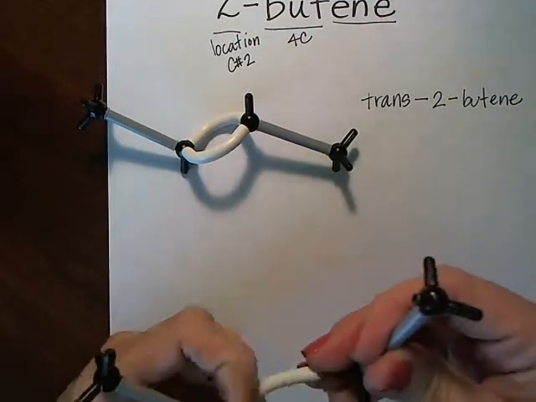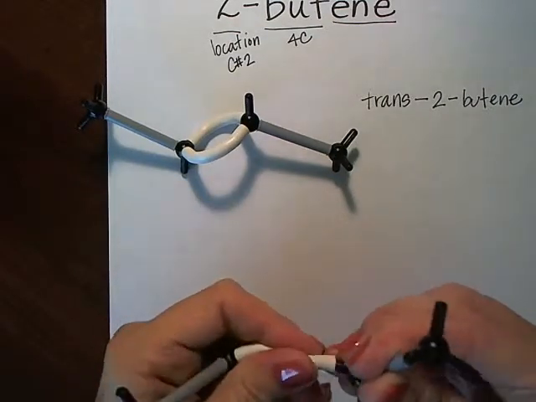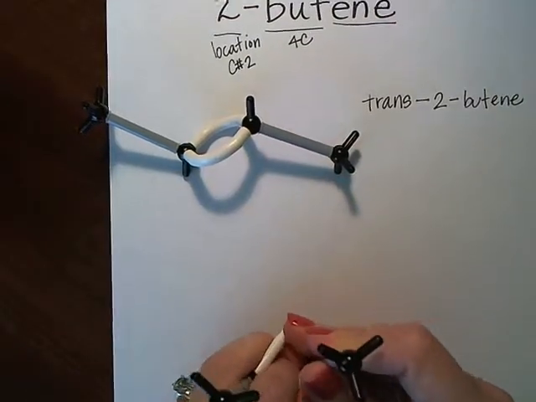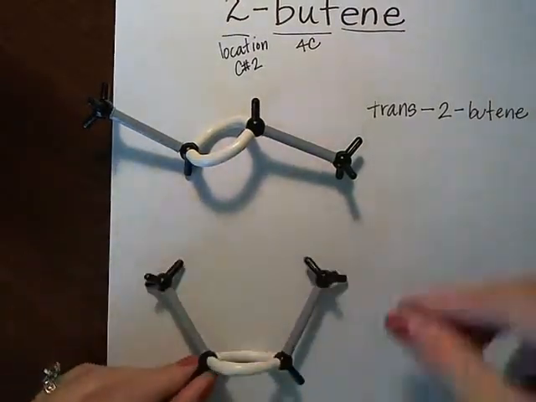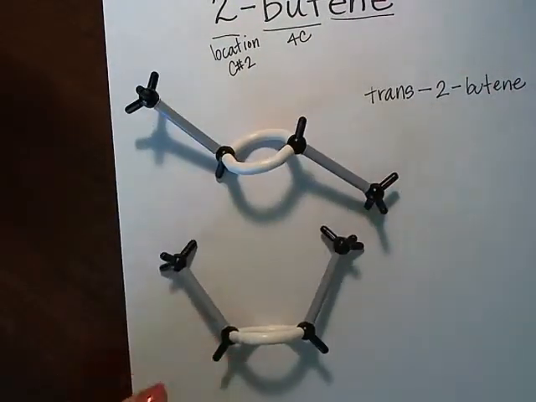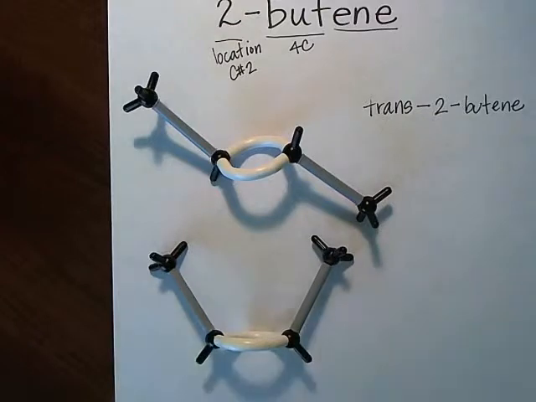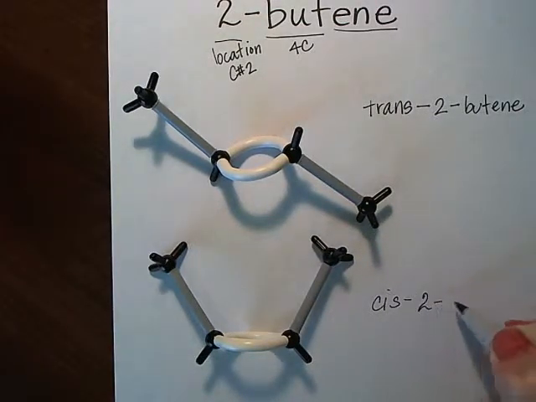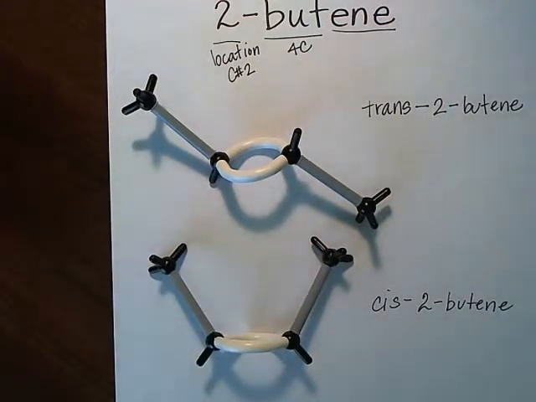And this time, I'm going to do it so that the methyl groups are on the same side of the double bond. All right, and so actually structurally these are quite different. These molecules would definitely have different properties, different boiling points, behave differently chemically. And this one would be called cis-2-butene.